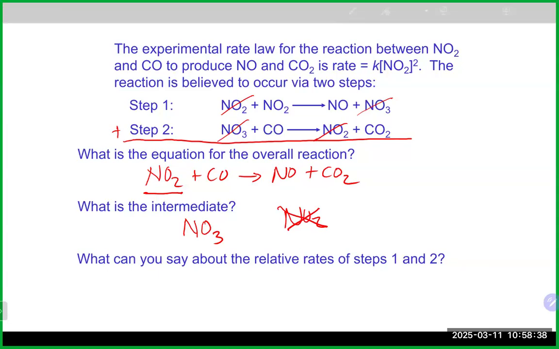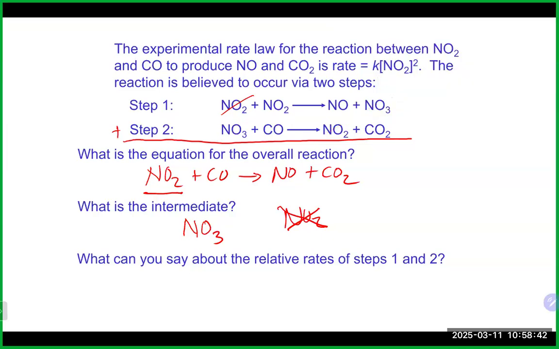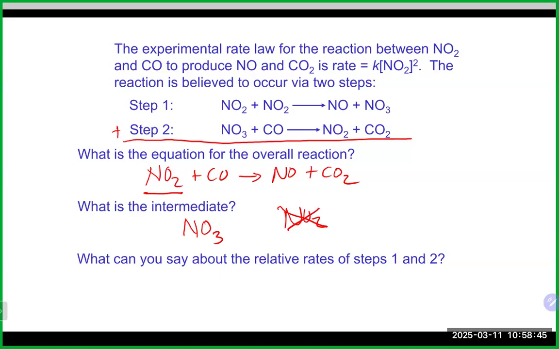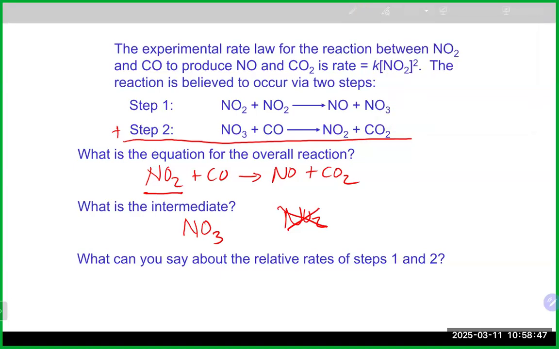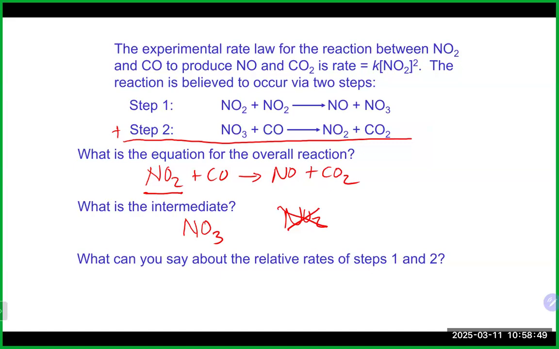Now, because this is a mechanism, we can use these elementary steps and write rate laws for each of them, using the coefficients as the orders. Once again, that's the only place you can do that.